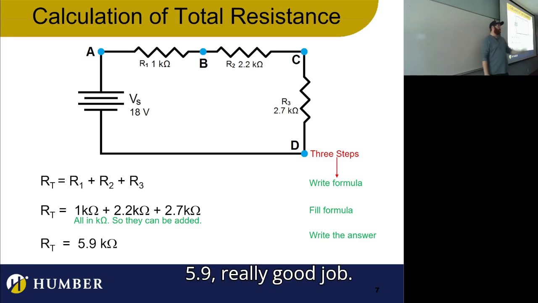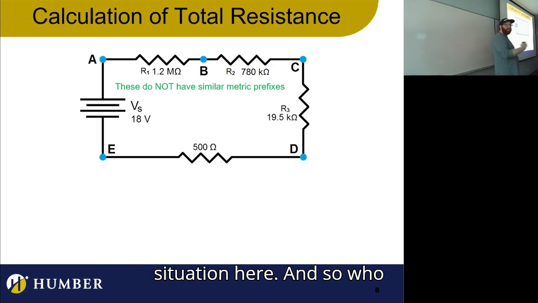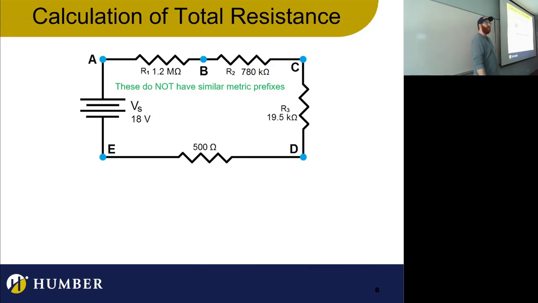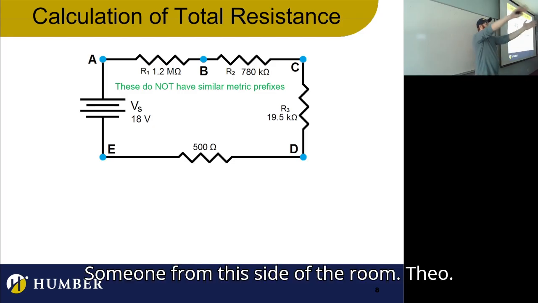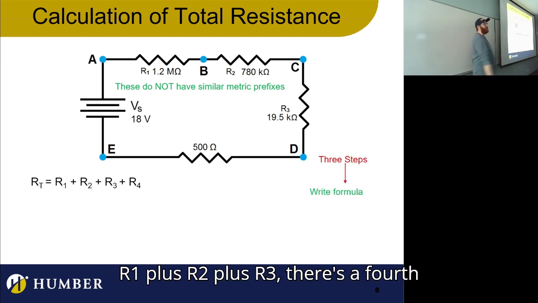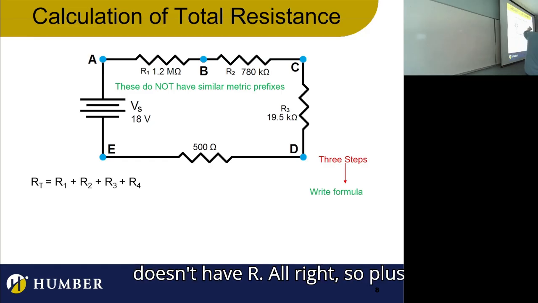5.9, really good job. Here's another example. We have the same situation here. And so who can tell me the formula for this one? Someone from this side of the room. Theo. R1 plus R2 plus R3. There's a 4th resistor here? There is, but it doesn't have that.